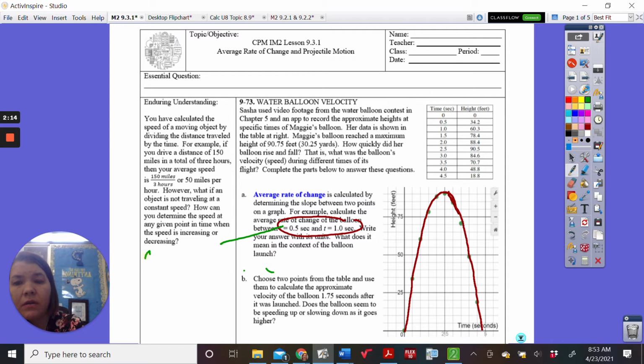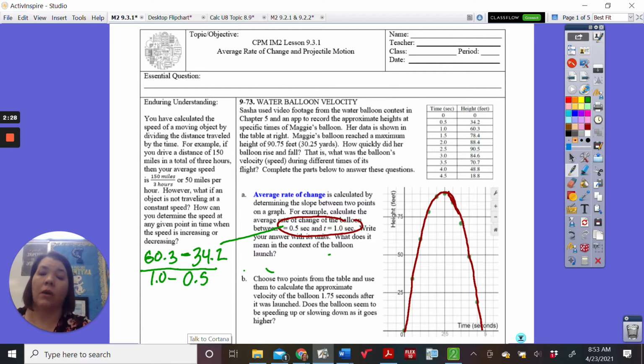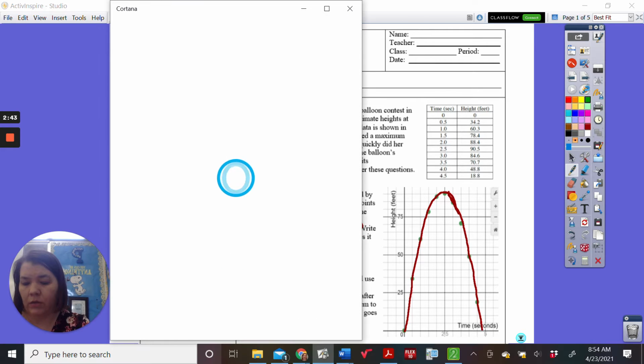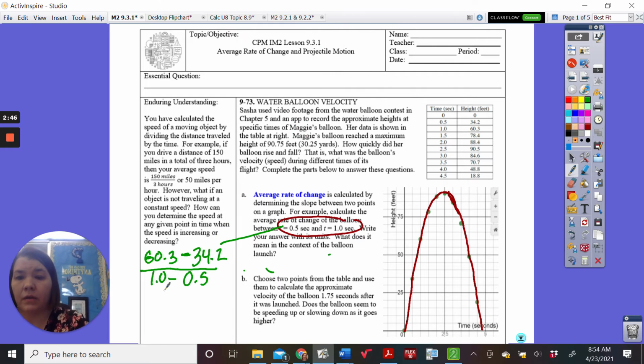I'll do this over here. 60.3 at 1 second, and at 0.5 seconds, it was at 34.2. And then we're going to divide by 1 minus 0.5. I'm going to let my calculator do that for me. 60.3 minus 34.2 is 26.1. I wrote that wrong. So 26.1 on the top, the bottom is 0.5.